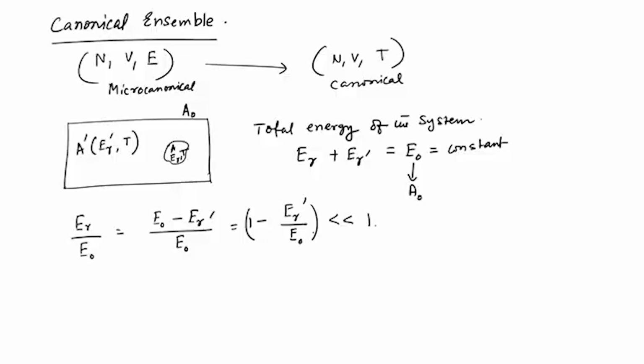So, the energy available to the system is a small fraction of the total energy that is available. Having said this, we can say that the reservoir, which is the heat bath.